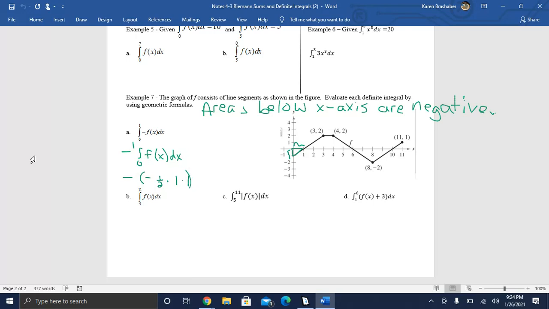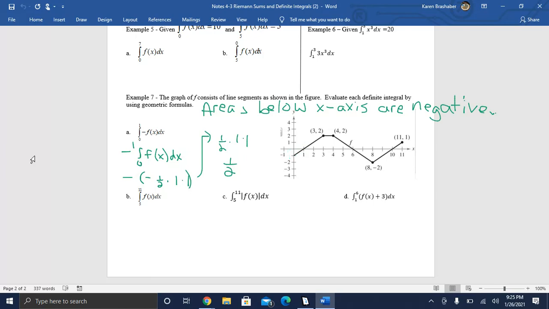And you might even think of the height as -1 if that makes more sense to you. And so as we do that calculation, our double negative is actually going to create a positive. So we'll have 1/2 times 1 times 1, and that's going to give us 1/2. So part A, your evaluation of that integral is 1/2.